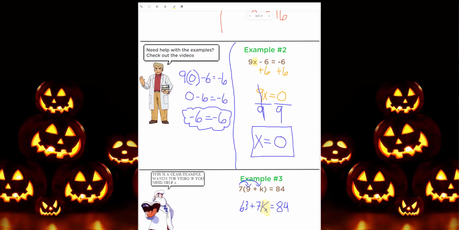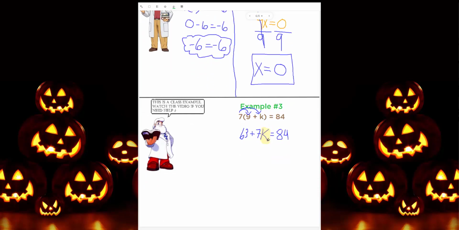We are looking for division and multiplication last, and that's what we have here in the middle. So we're looking for whatever is being added or subtracted first, and what's being added or subtracted is the 63 right here. Remember, the 7 and the k are right next to each other, which means they are being multiplied. So we're going to save that until the end of the problem.